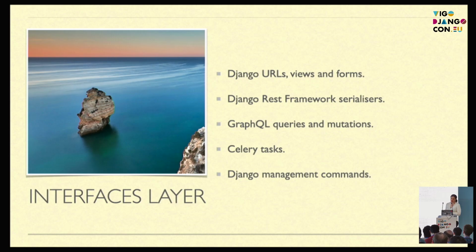So it has Django URLs, Django views, Django forms, Django REST framework serializers, GraphQL queries, GraphQL mutations, Celery tasks, because they're also entry points to our applications, Django management commands, and templates, because templates are also a presentational concern.